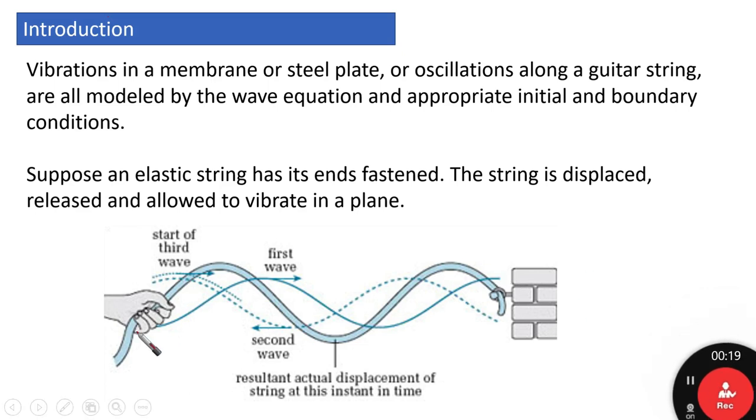First of all, if we look, for example, at a flexible rope, as you can see here, attached at one end to a wall, and from the other end we are holding it firmly, and then we start to vibrate this rope, bringing our hand up and down, inducing some vibration in the rope.